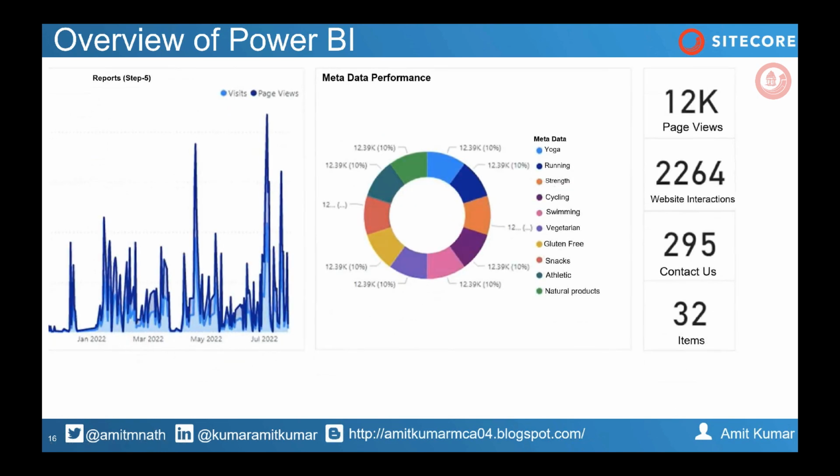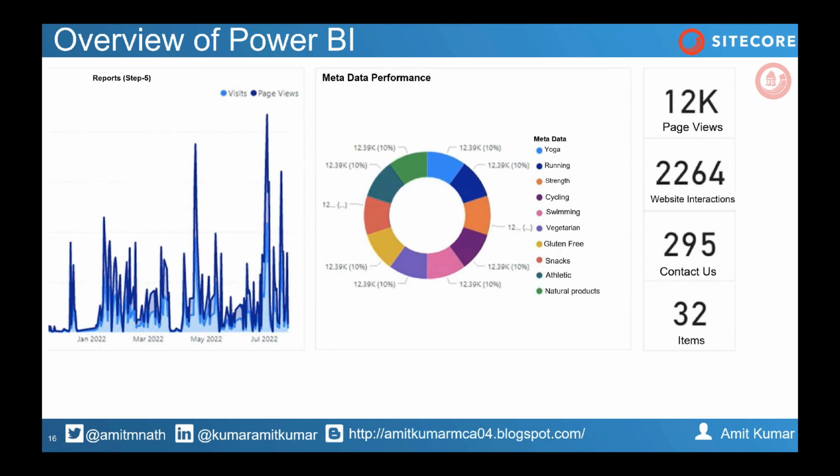So now after you have all the data, you can prepare this type of dashboard. But this dashboard is not present in the Sitecore analytics reporting. It gives you the total number of visits and page views.